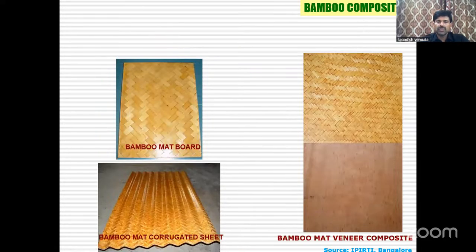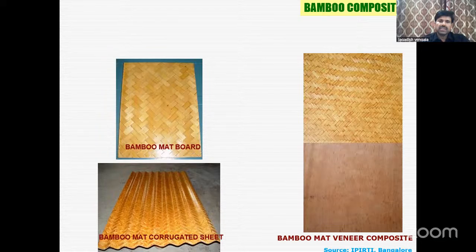As you know, a lot of organizations have worked to bring out composites. Here, as I mentioned, the bamboo slivers are taken out, and these slivers are converted into hand woven mats. These mats are dipped into resin and then dried.